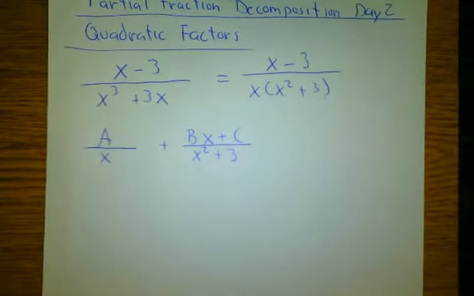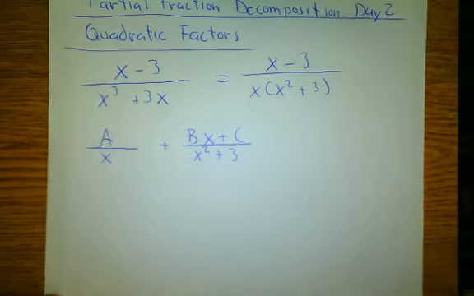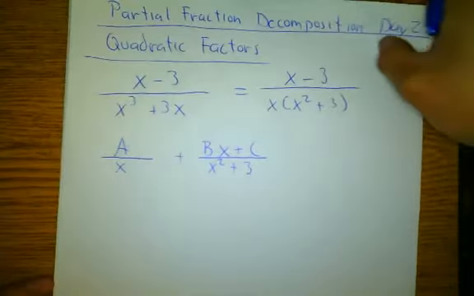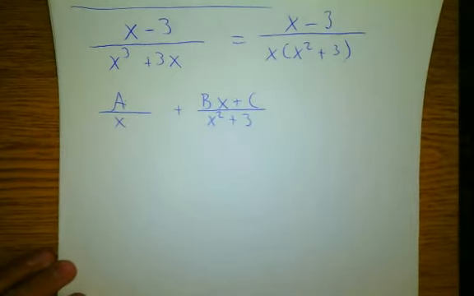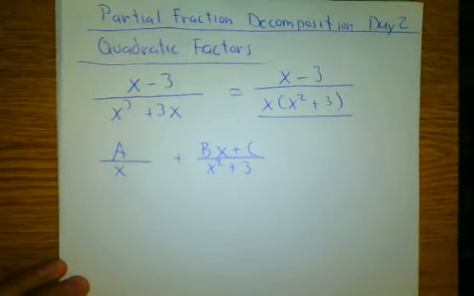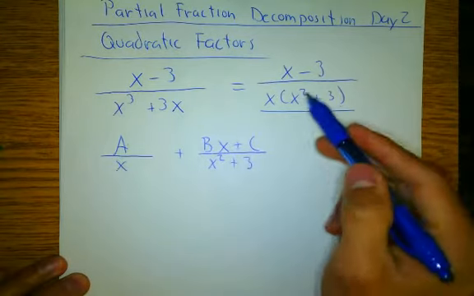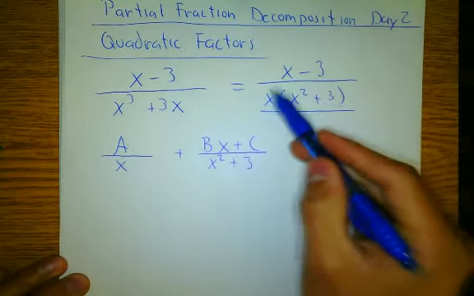Okay? I have two fractions. I need to add them. What do I need to do? Get common denominators. But you already have the common denominator, right? It's up here. So how can I get this first fraction to achieve this denominator?